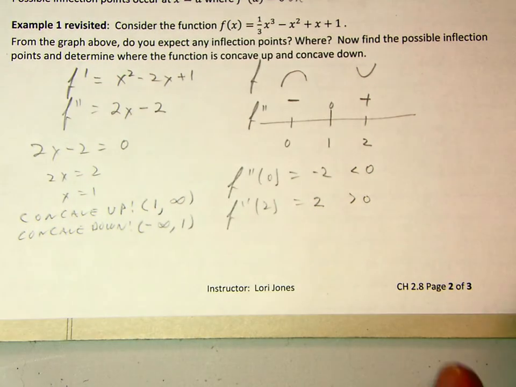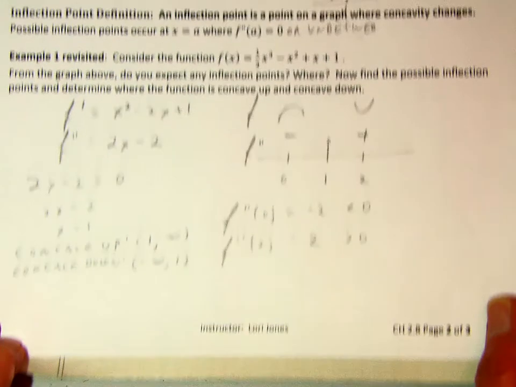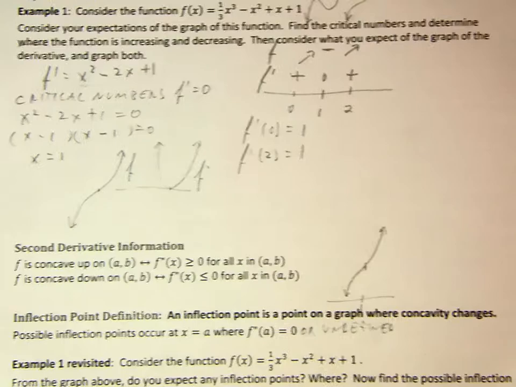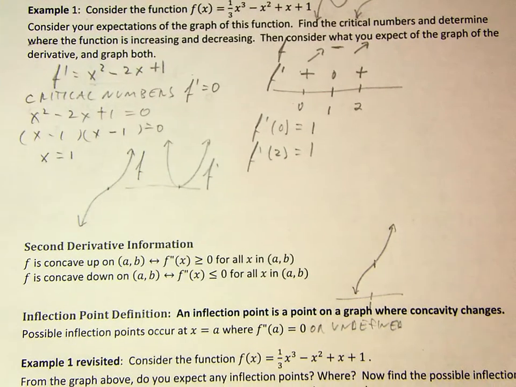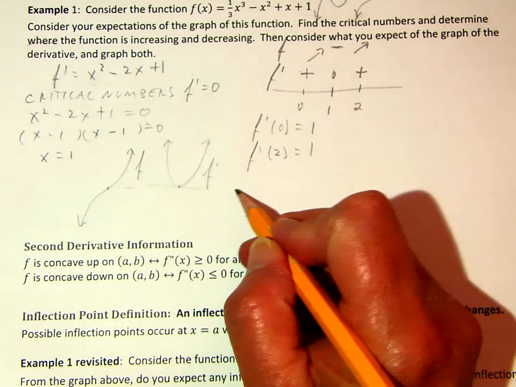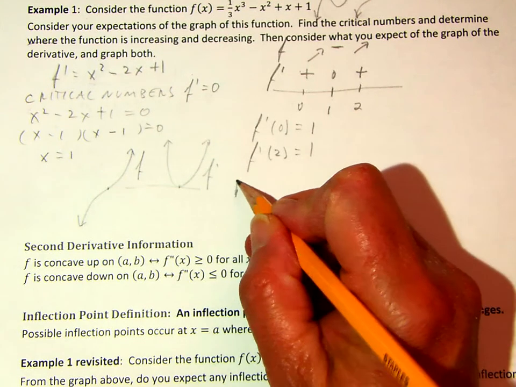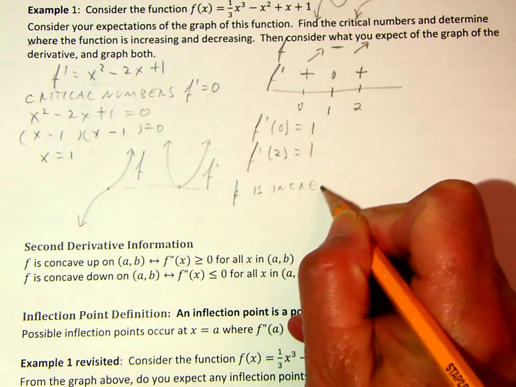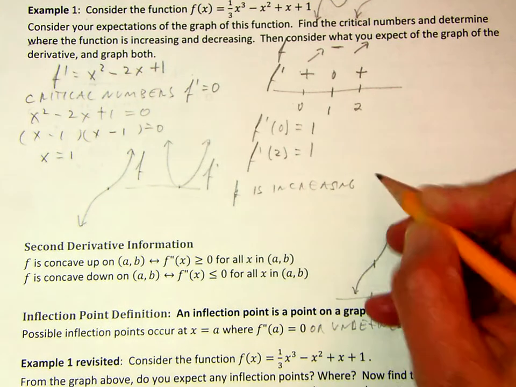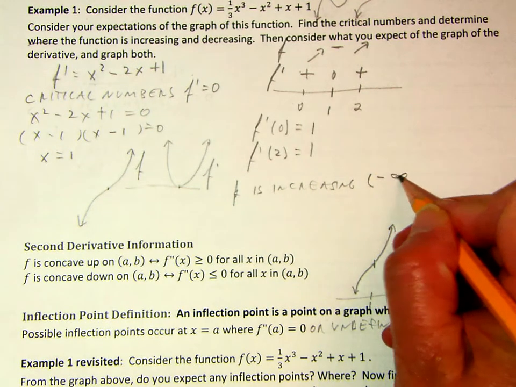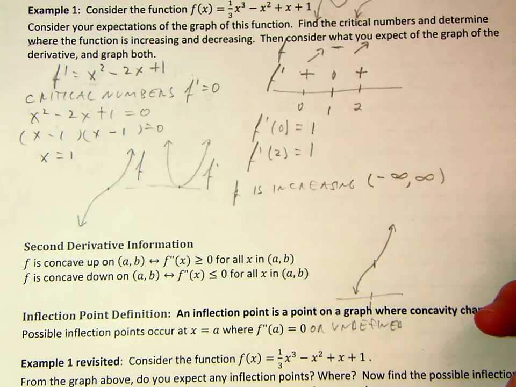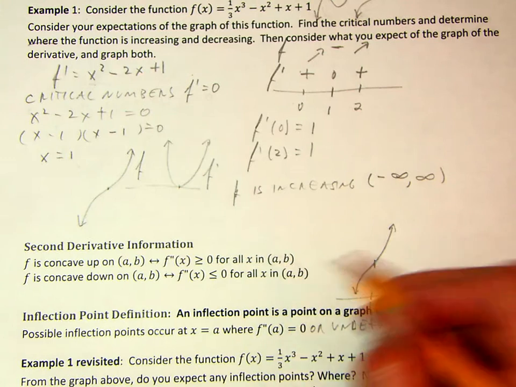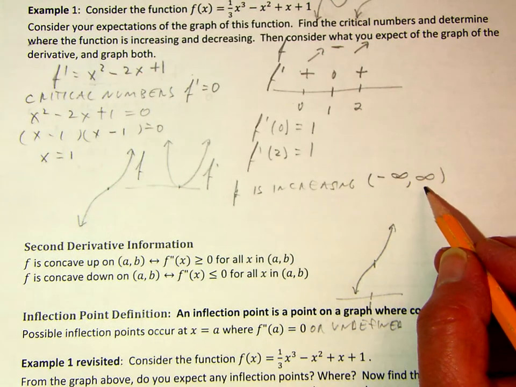Let's go back up to the first part again because I did not make note of where the function is increasing. F is increasing on the interval from negative infinity to infinity. That is all the real numbers, every x in the domain.